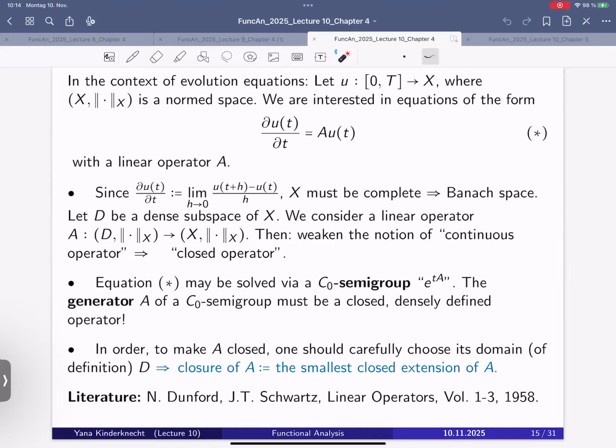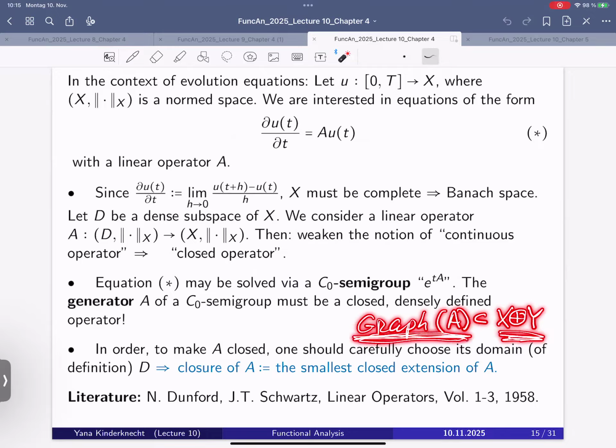If we just take an operator with some domain of definition, we may think about closed extensions of A. In particular, we may take the graph of A as a subset of this space and close this set in this space.